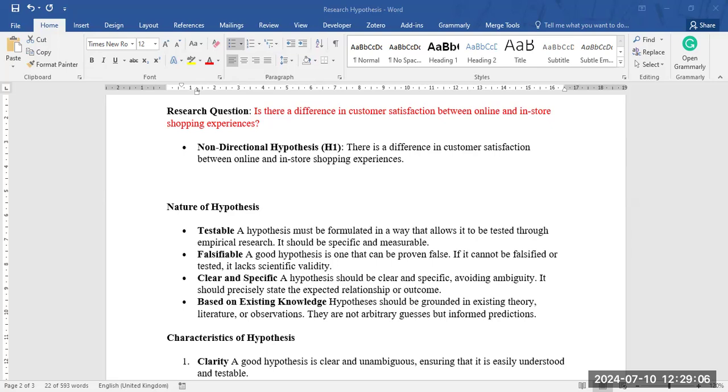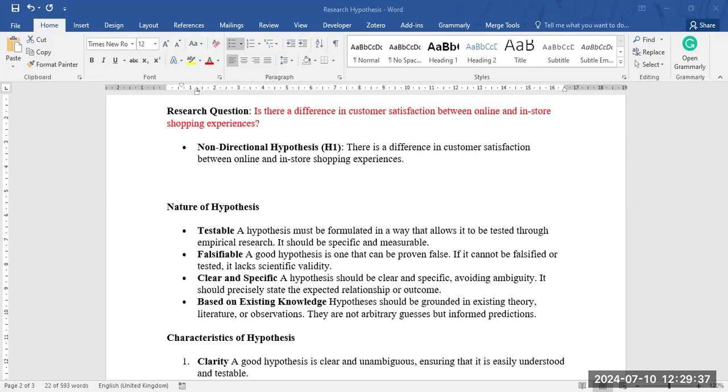So we cannot expect that our hypothesis will always be accepted. In some cases, the hypothesis may be rejected. Alternative hypothesis may be rejected. So that's why a good hypothesis is one that can be proven false. If it cannot be falsified or tested, we cannot say scientifically it's a valid hypothesis.